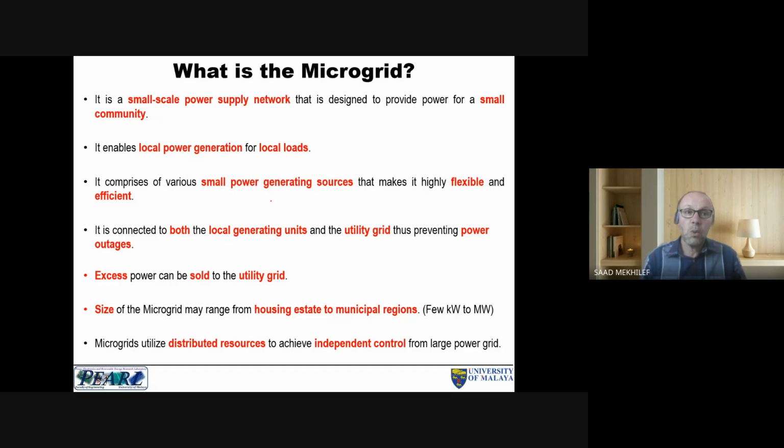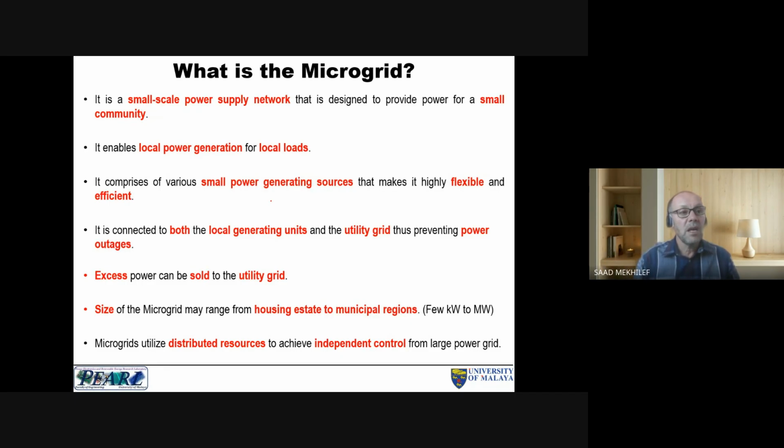Wind, storage, and so on. And it can be locally generating, and also can be grid connected in case to prevent outages. And you can even sell the power to the grid, meaning sell the power to the utility and buy from the utility as you need. So it's a two-way power flow.